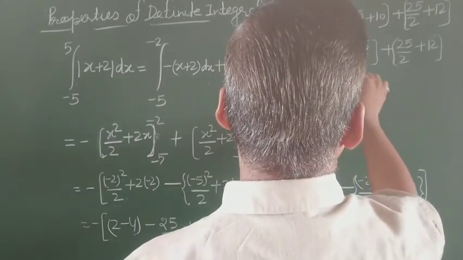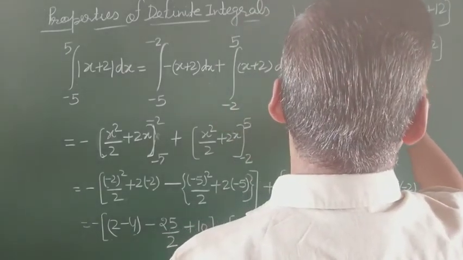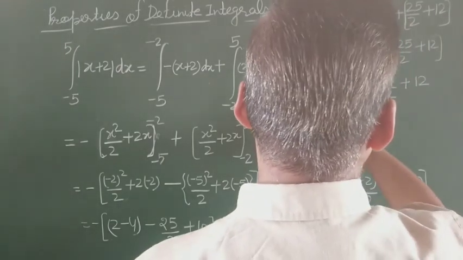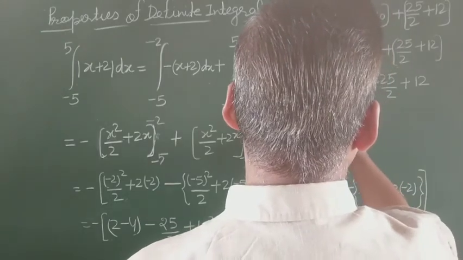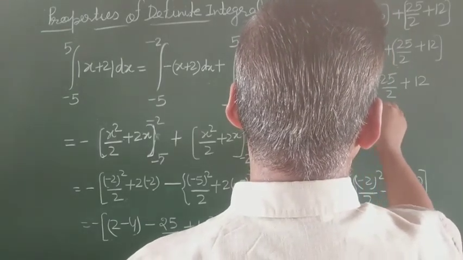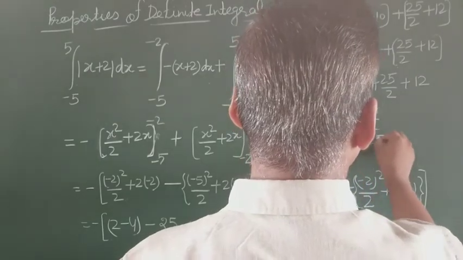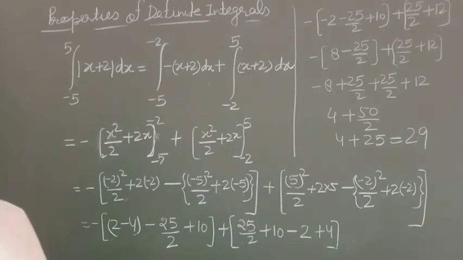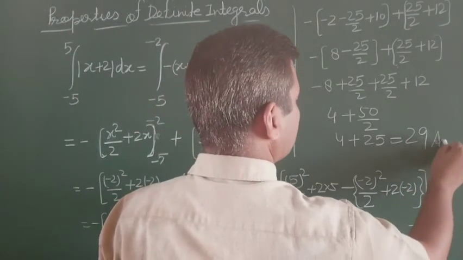Minus 8 plus 25 upon 2 plus 25 upon 2 plus 12. So 25 plus 25 is 50 upon 2, and minus 8 plus 12 is 4. 4 plus 50 upon 2, so 4 plus 25. Answer is 29. So this is the answer, students. 29.